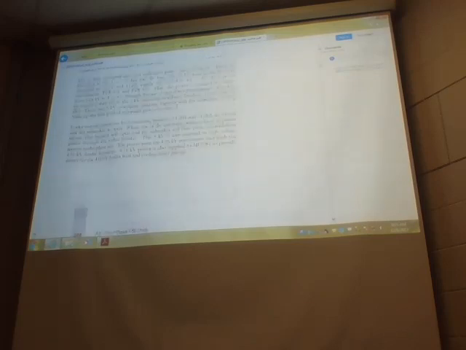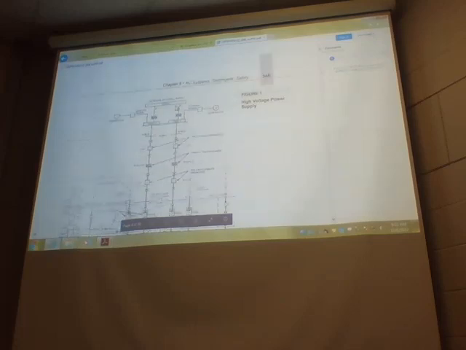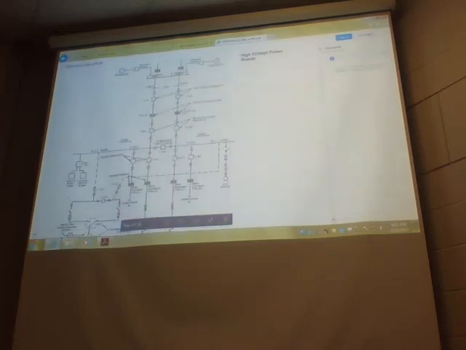So if we look at it again, these breakers, each of these separately, are 13.8 kV breakers which are then feeding the two power transformers, which are dropping the voltage down to 5 kV.